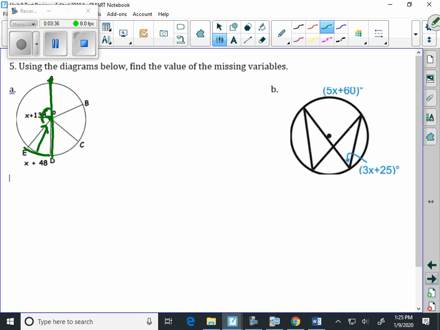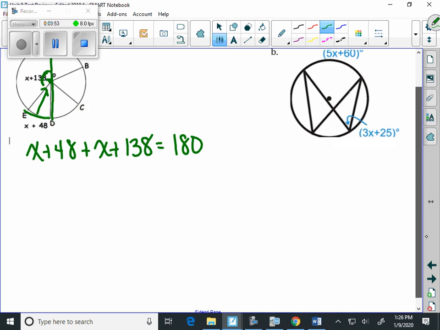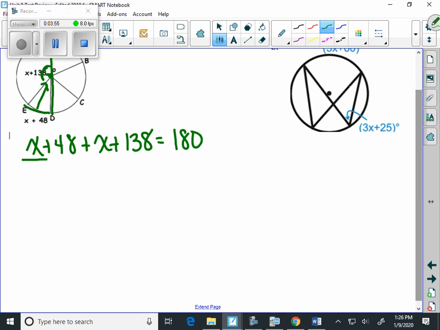And we're working with the semicircle, so we can take x plus 48 plus x plus 138 equals 180. It equals the semicircle. Once we have set up 2x, and then 48 plus 138 is 186 equals 180.